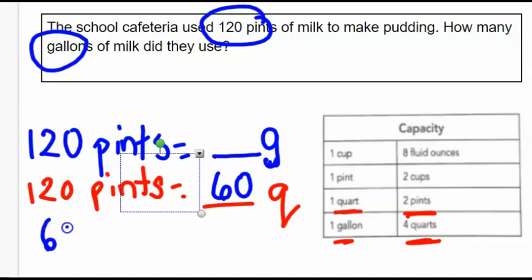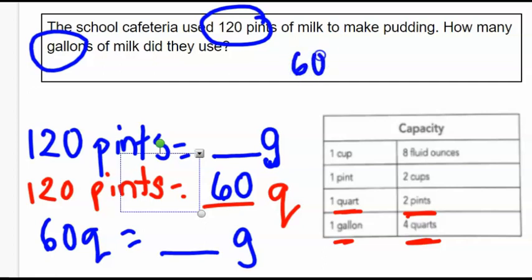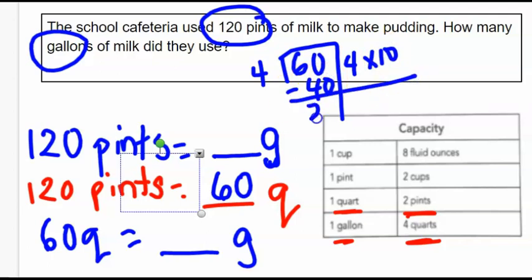So if I have 120 pints, I have 60 quarts. Now I know if I have 60 quarts, how many gallons do I have? Well, for every gallon, I have 4 quarts. So if I have 60 and I divide that by 4, let's do that. Well, I know 4 times 10 is 40. I'm going to subtract that, I get 20. 4 times 5 is 20.